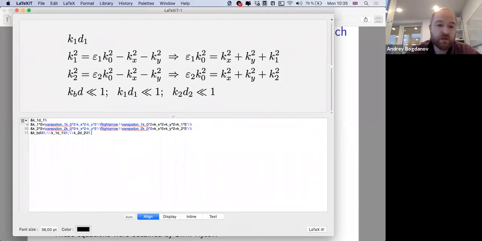Just a reminder: what is the approximation for the sine function? Sine z is approximately z, and the next term, which we actually don't need here, is z cubed over 3 factorial.